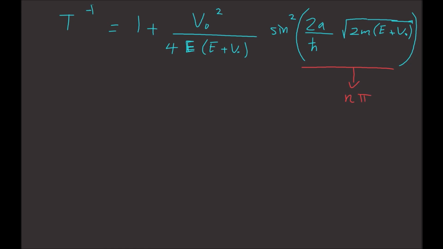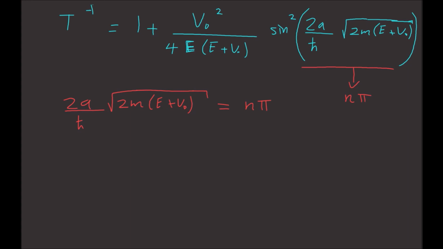So if we take this term, 2a divided by h bar times the square root of 2m times E plus V naught, and set it equal to n pi, then every time this term is equal to n pi, we have the sine equal to 0, which means the transmission coefficient equal to 1.